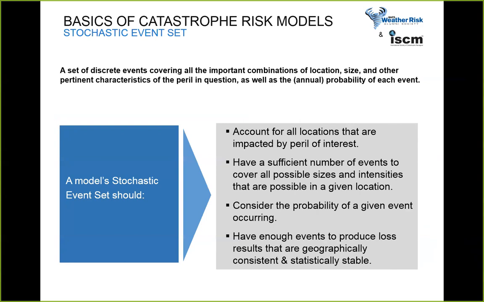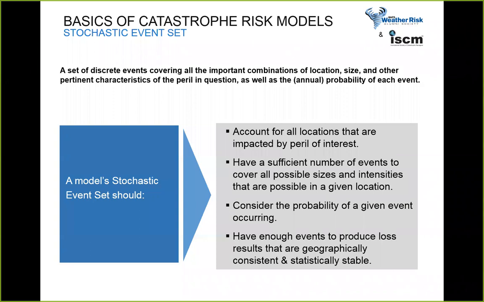So this is why you'll see event sets that have anywhere between tens of thousands to hundreds of thousands of events contained in them to make sure that they have a sufficient number. And of course, you don't necessarily need all permutations of size, shape, intensity at every location. Does it make sense to have tropical cyclones as weak as tropical storms to Category 5 impacting South Florida in your model? Of course. But do you need that full range all the way up to Cat 5 along the coast of Maine?